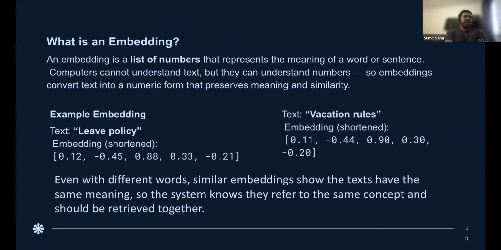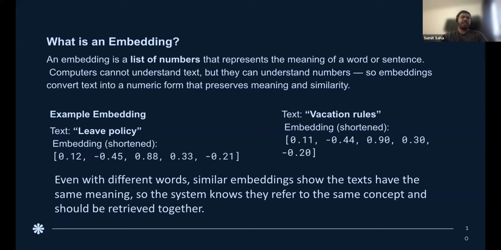What is embedding? Embedding is a list of numbers that represents the meaning of a word or a sentence. Computers don't understand text; they understand only numbers, in fact binary numbers, but for simplicity, consider natural numbers here.